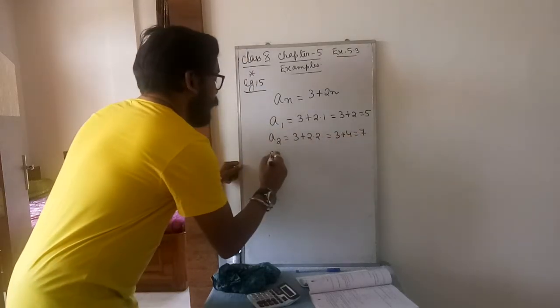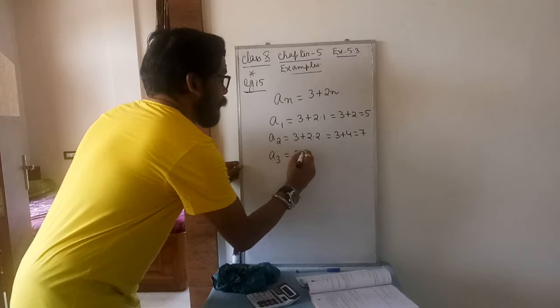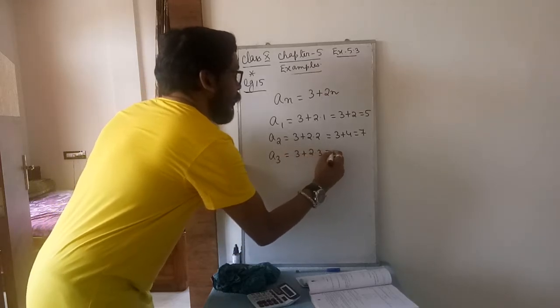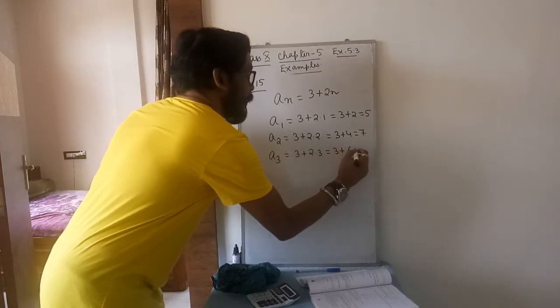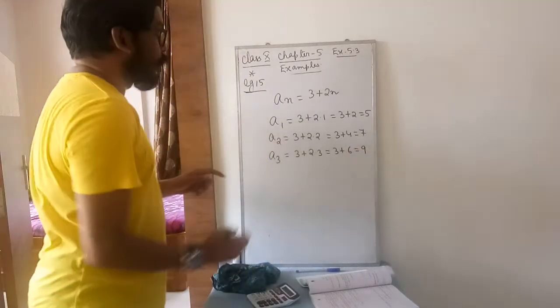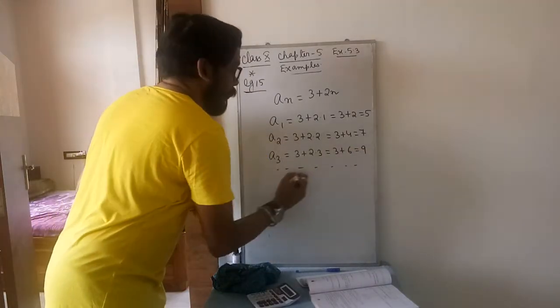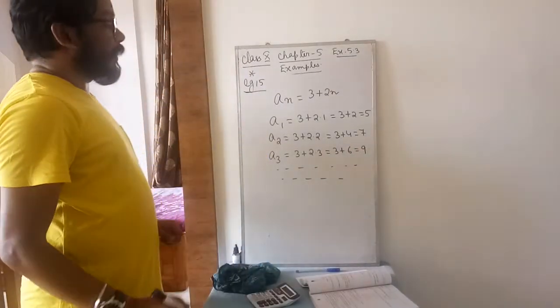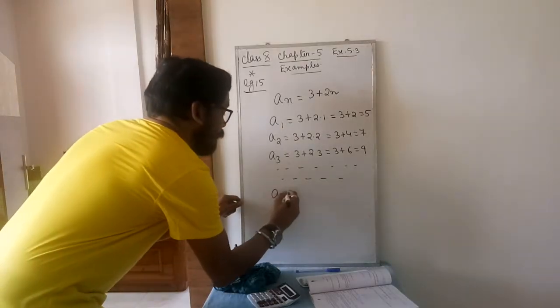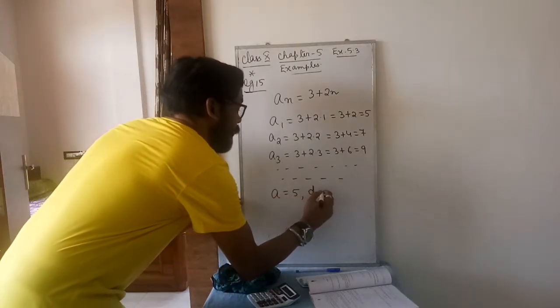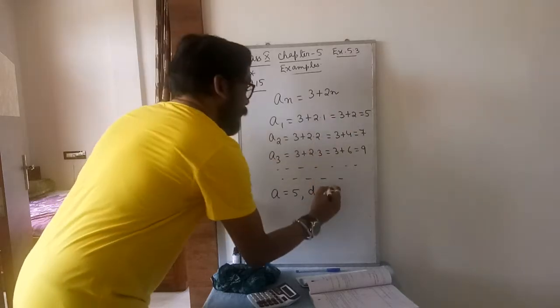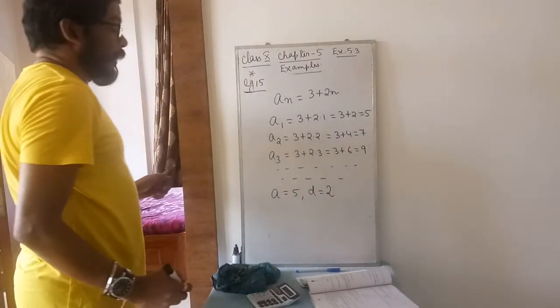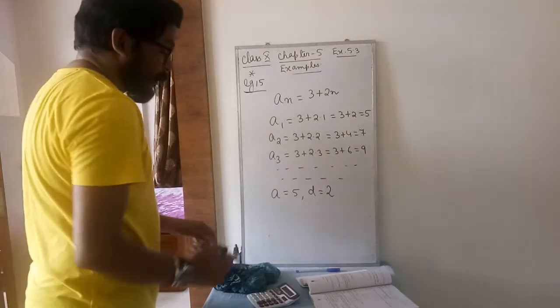Let me find one more term: 3 plus 2 into 3, that means 3 plus 6 equals 9. So you can find more. So your first term is 5. Common difference means second minus first, 7 minus 5, it is 2. And now we find the sum of how many terms? 24 terms.